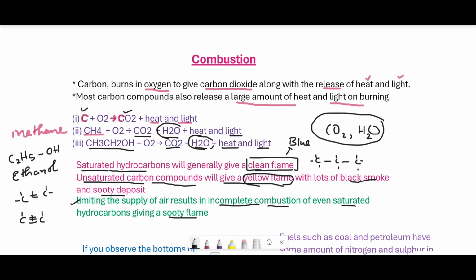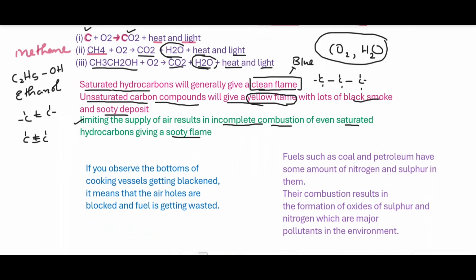Now, these are the two practical questions usually asked related to this combustion reaction. The first one is, if you observe the bottoms of cooking vessels in the kitchen, they get blackened. It means that the air holes are blocked, and then the fuel is getting wasted.